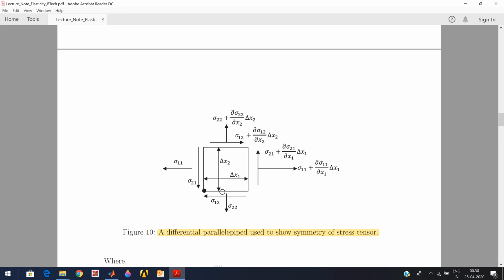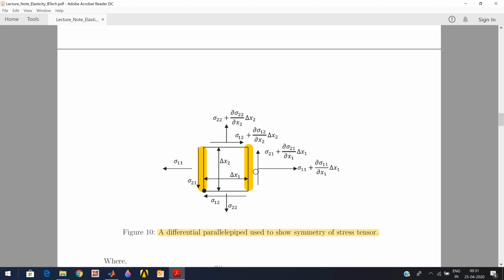Here we are not considering a uniform state of stress all through the body, so there can be incremental changes. We can see this edge and this edge differ, and the distance between these two will be delta x1, which is considered positive from left to right.